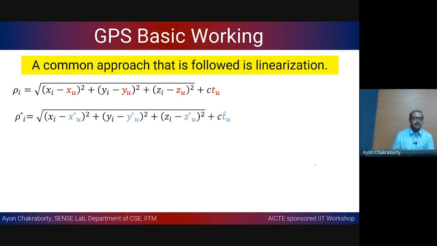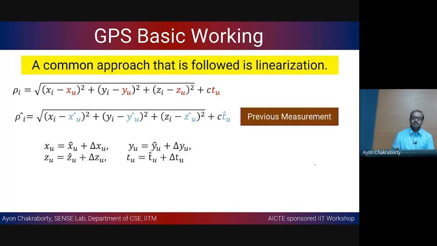Rho I is the current range estimate, and rho I hat is my previous range estimate, what happened previously before obtaining rho I. So XU is XU hat plus delta XU, and similarly for all other dimensions.